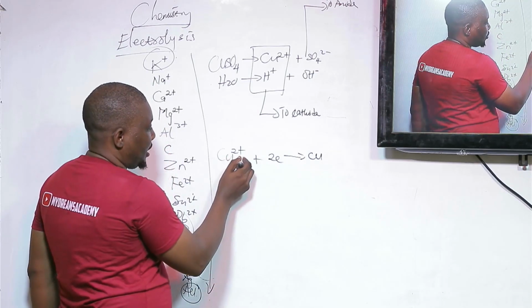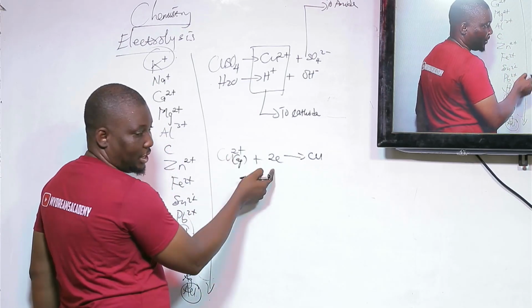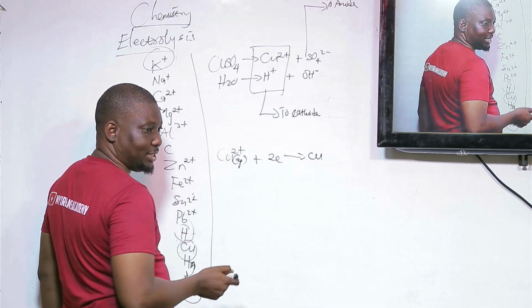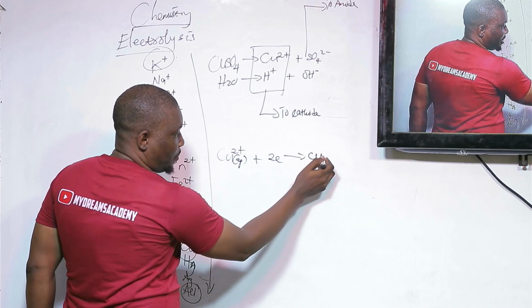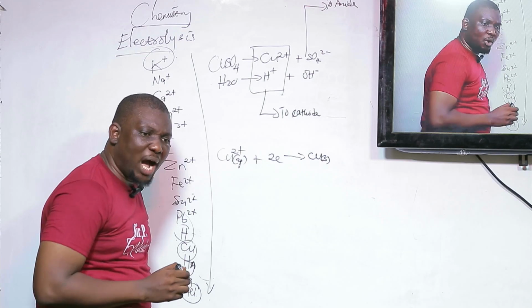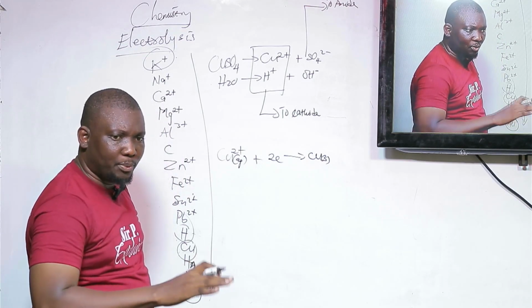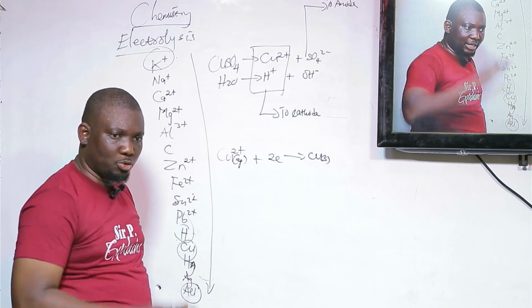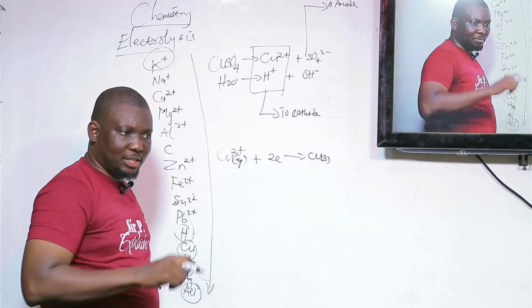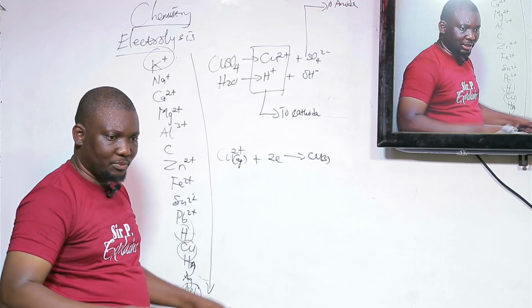That means copper is no longer in the solution after gaining electrons. Now it gets itself deposited at the cathode. Now the state of matter of copper will change to what? Solid. And then what happens to the electrode after the deposition of copper? Is the electrode going to increase or decrease?